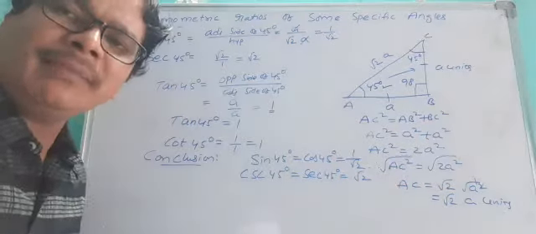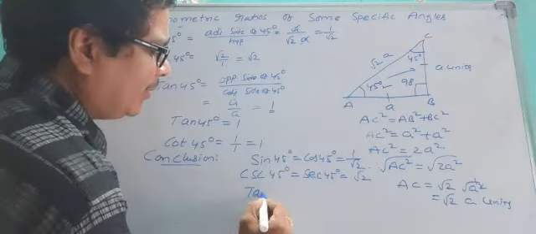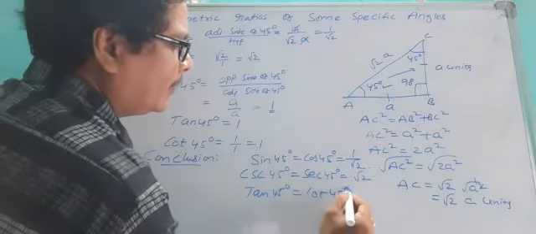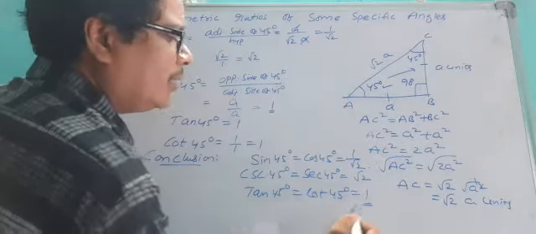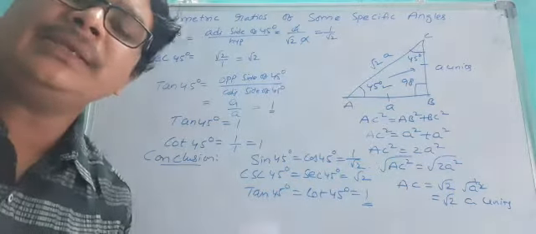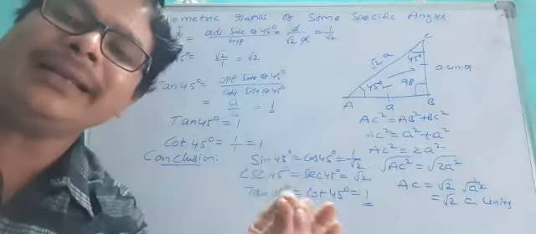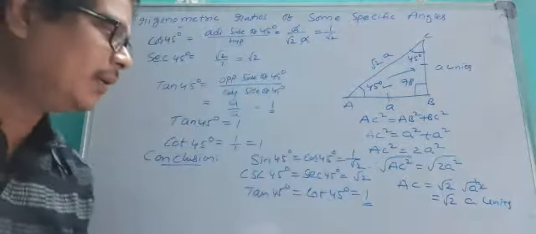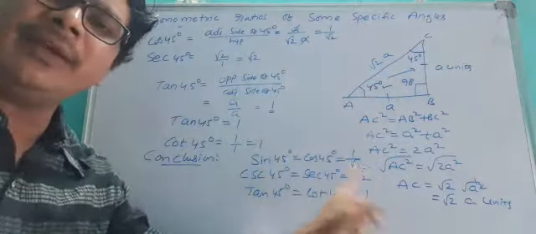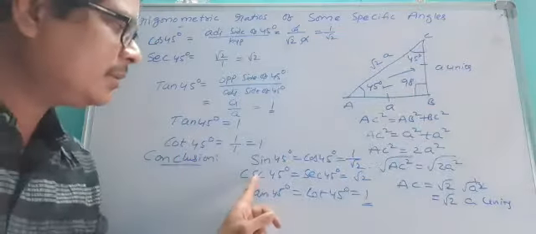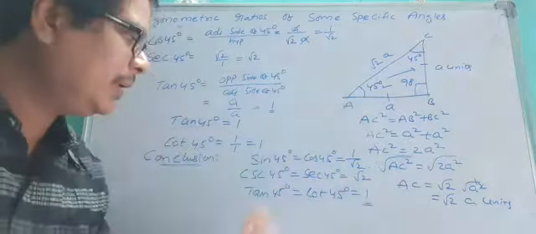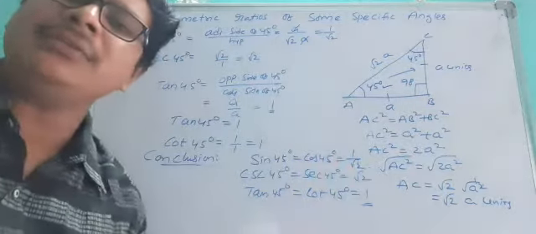And tan 45 and cot 45 are the same, 1. So this is the proof of all trigonometric ratios with the specific angle 45 degrees. Sin 45, cos 45, 1 by root 2, same. Cosecant 45, secant 45, root 2, same. Tan 45, cot 45, also same, 1.